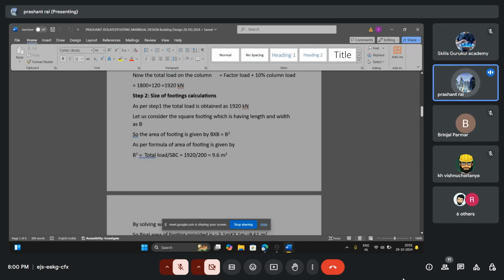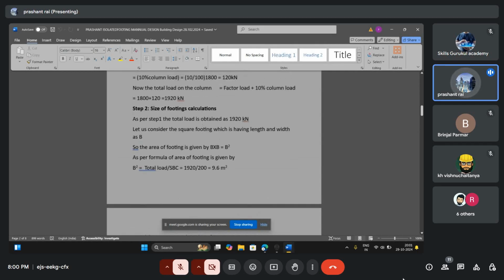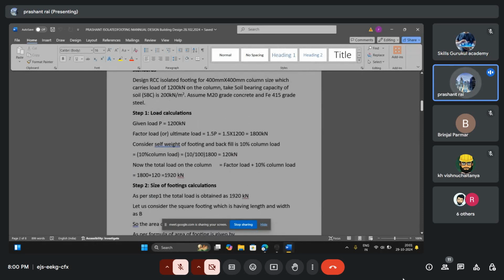Second is the size of the footing, which I already discussed. B is the width. It's a square footing, so B square is equal to B into B, length into breadth. The formula for area is B square equals total load divided by soil bearing capacity. The final load is 920 kilonewton, and 200 is already given as the soil bearing capacity in the question.